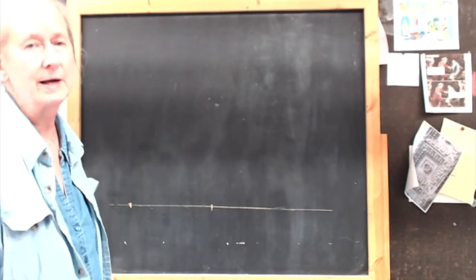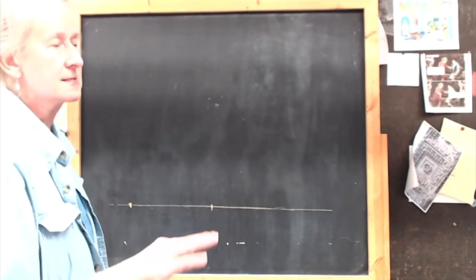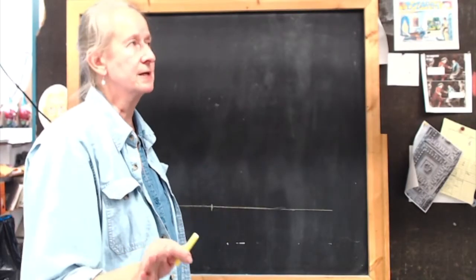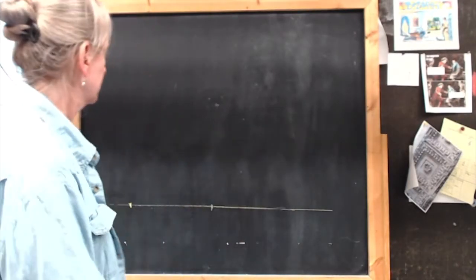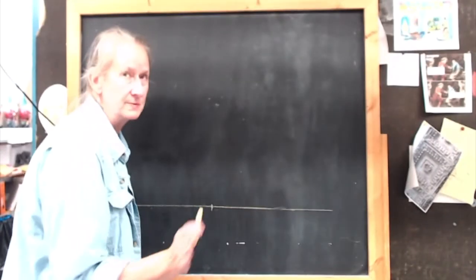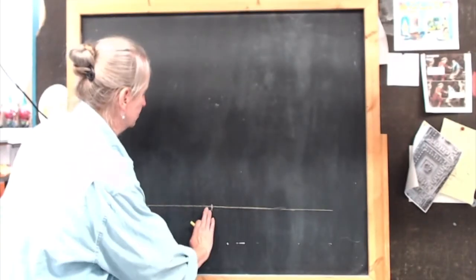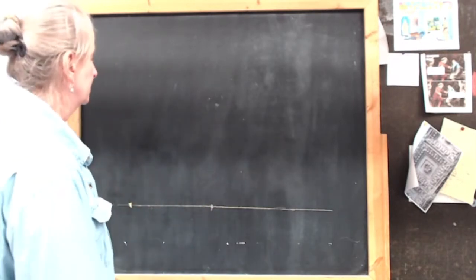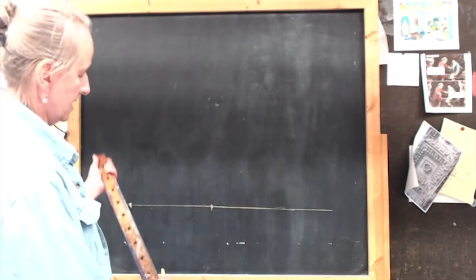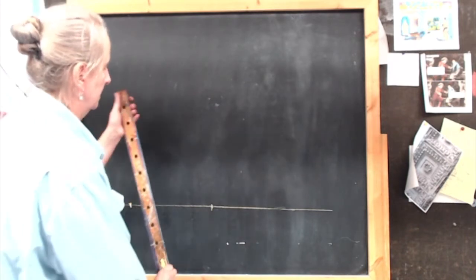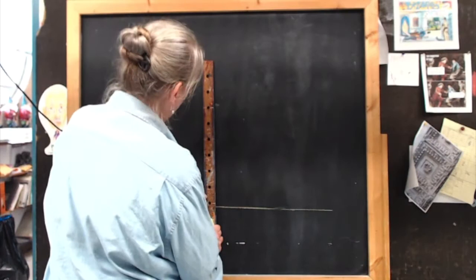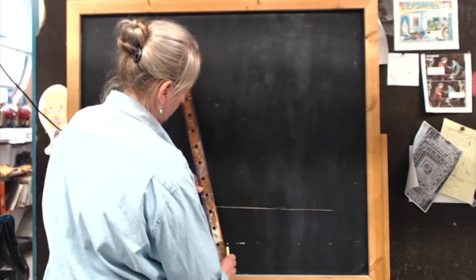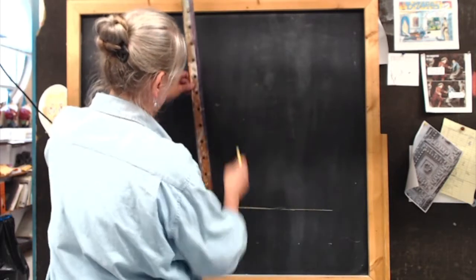Now here's where it gets a little tricky. Not tricky, really, but this is the thing you need to know. So this is my first line, and all I have to do if I was using a measuring tape was just measure straight out and go 6 feet. Simple, right? Now, when I go up from that point, this is the fun part of doing this on a chalkboard. We'll do it this way.